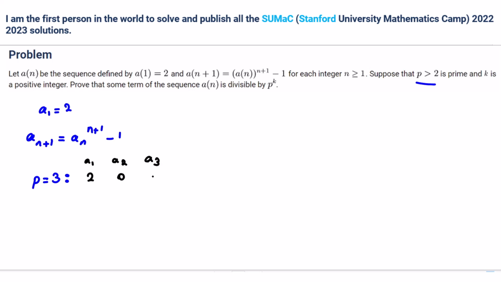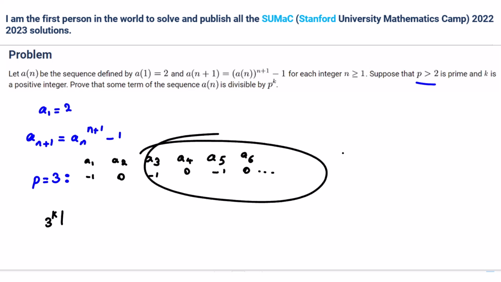A3, 0 cubed minus 1 is -1, or 2, then A4 is 0, A5, -1. And then what? A6, 0. Then we should do what? Go to mod 9. Yes, you should prove that for any k, 3 to the k divides at least one element here, right?